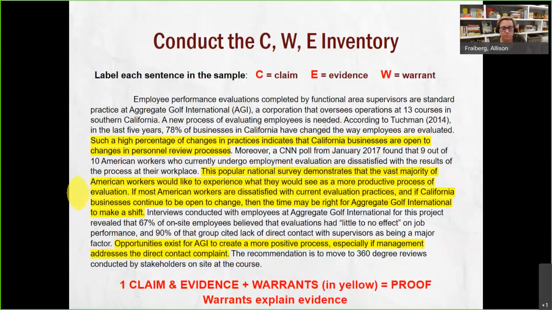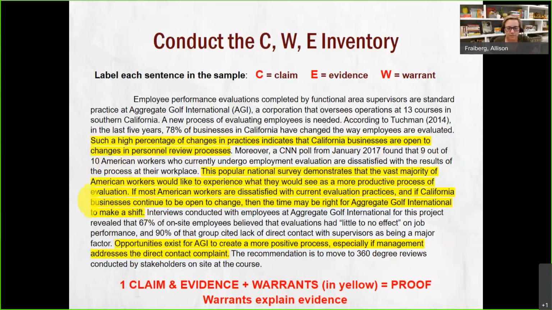If most American workers are dissatisfied with the current evaluation practices, and if California businesses continue to be open to change, now that's a call out back to the 78%, then the time may be right for Aggregate Golf International to make a shift. Right? I'm talking about the evidence.